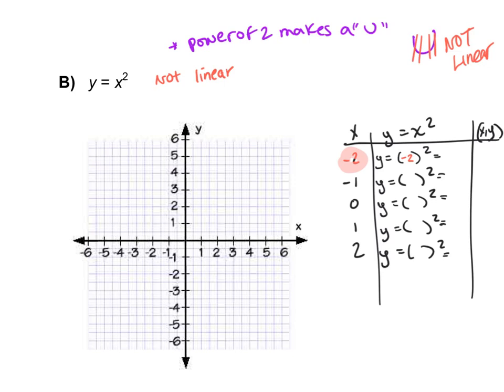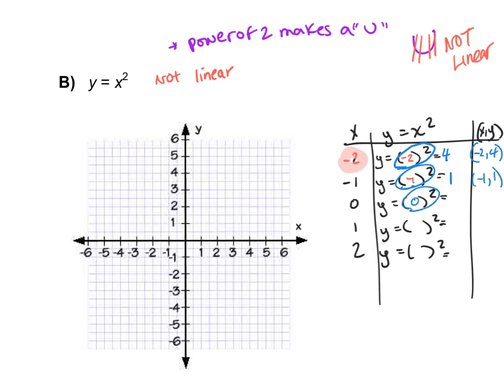Now, when I go to plug this in, I'm plugging the entire -2 into my parentheses. I am squaring -2, the whole -2. So this is really -2 squared, which is positive 4. So my first point is -2 comma 4. Plug in -1. -1 squared is 1. Next point, -1 comma 1.